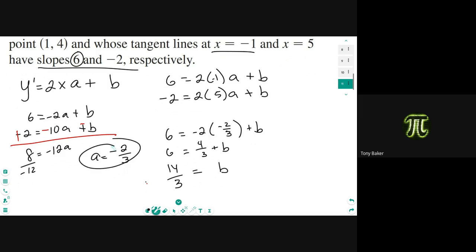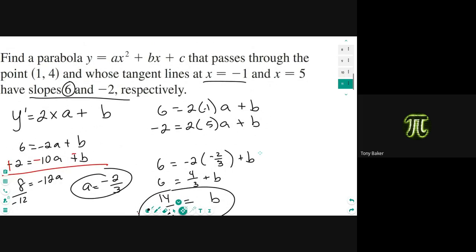So I now have A and I now have B. I just need to find C. Yep. Plug it right back, plug in the 1 and 4.